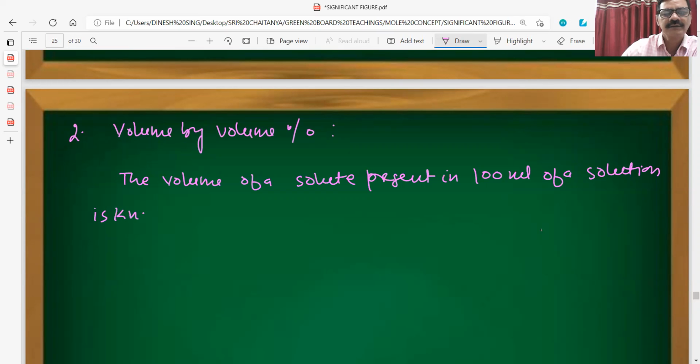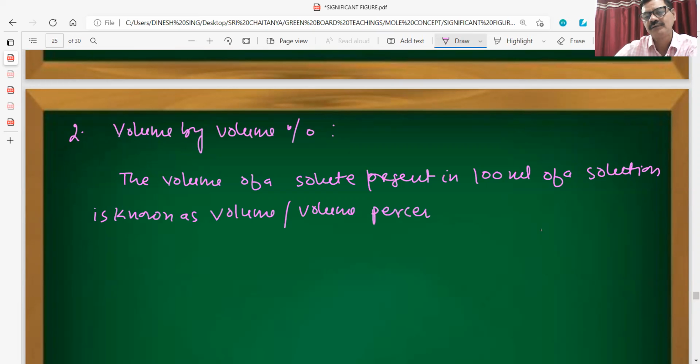is known as volume by volume percent, or in short we can say this is the small v divided by capital V, and this is percent.